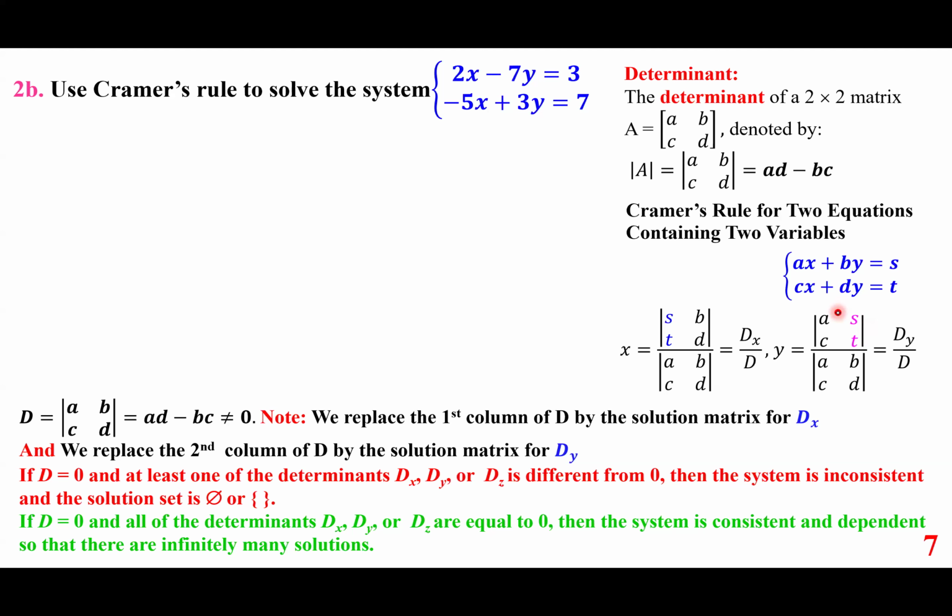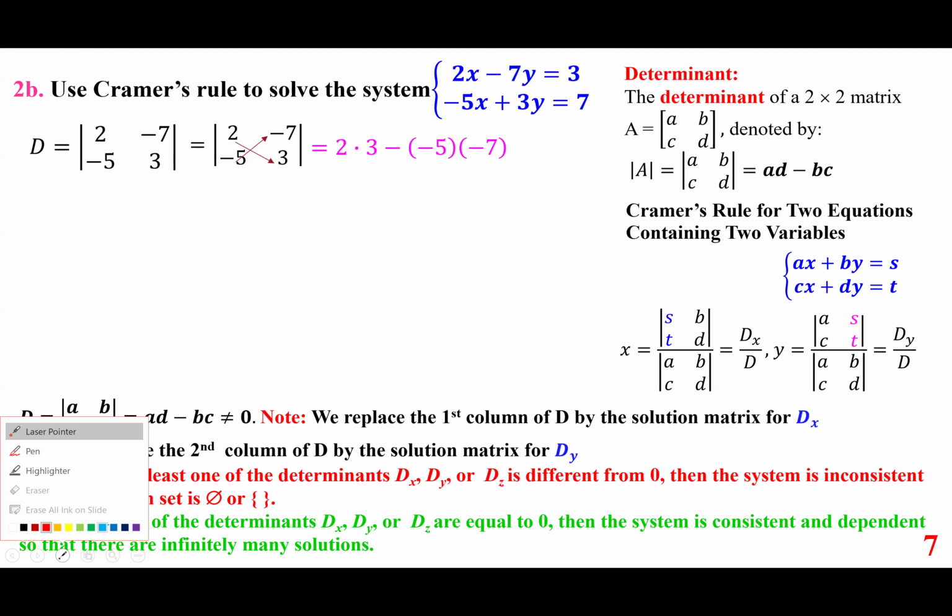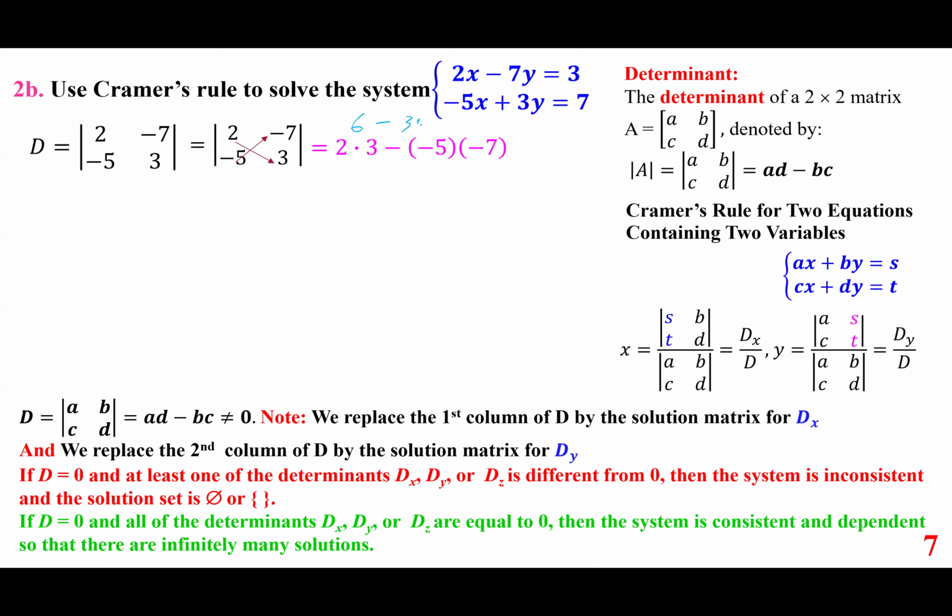So for this one, D is 2, minus 7, minus 5, 3. According to the determinant format, it's the cross product: 2 times 3 minus negative 7 times negative 5. This is 6 minus 35, which is negative 29.